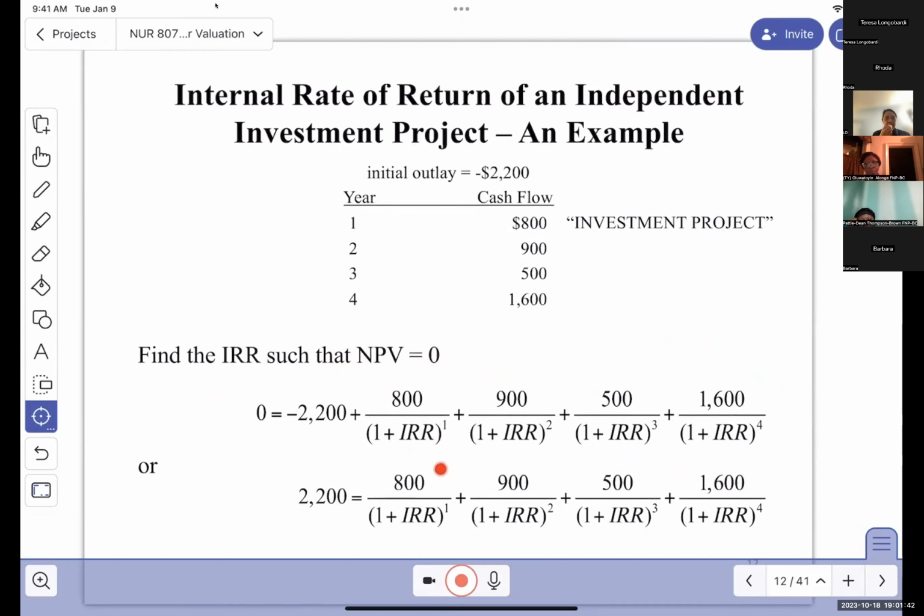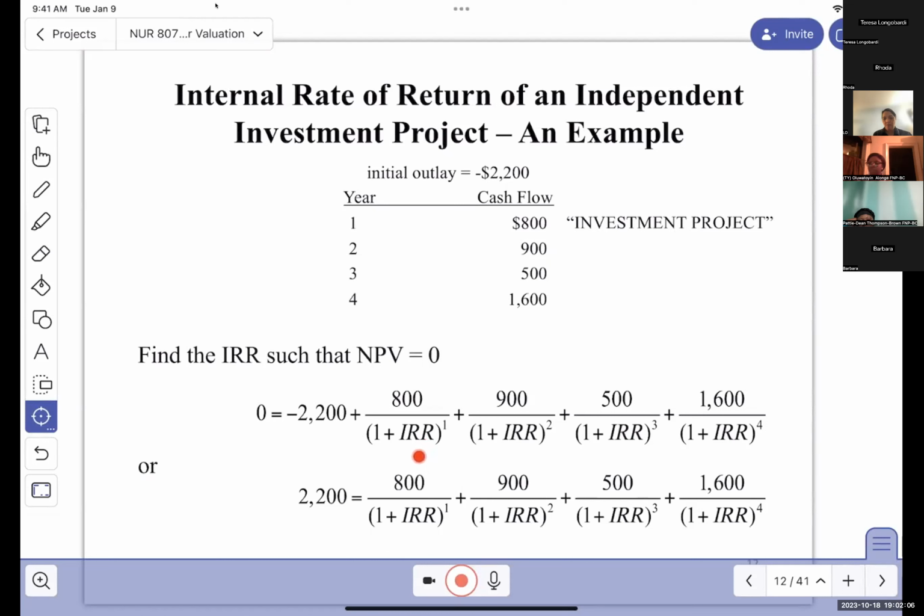Obviously you cannot do this mathematically on a piece of paper. This has to be done with a computer. There are calculators that can solve this, and Excel can solve this, and other software can solve this, but you can't do this by yourself. You cannot mathematically or algebraically solve this.